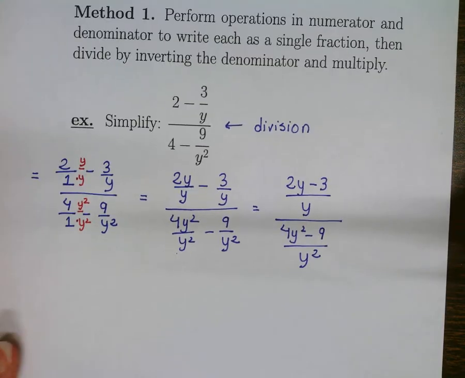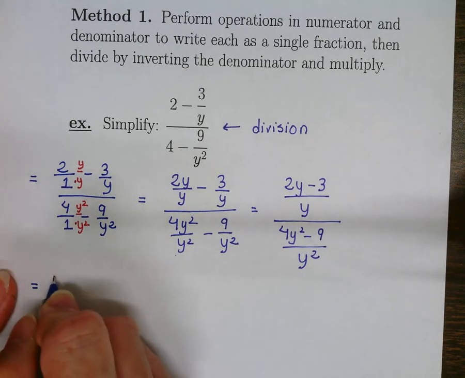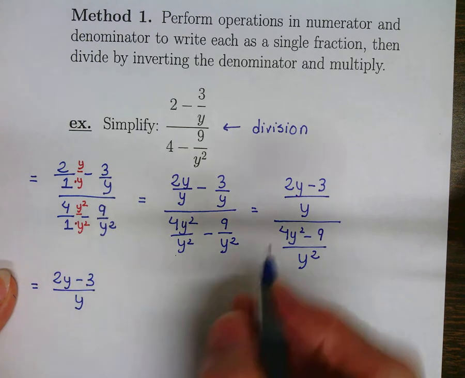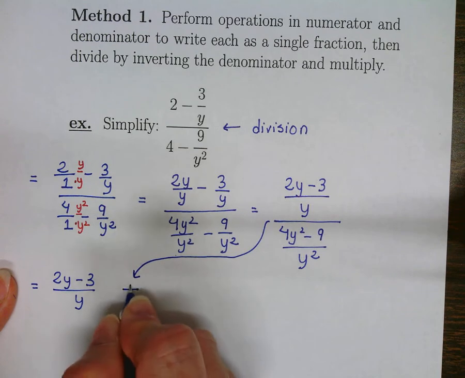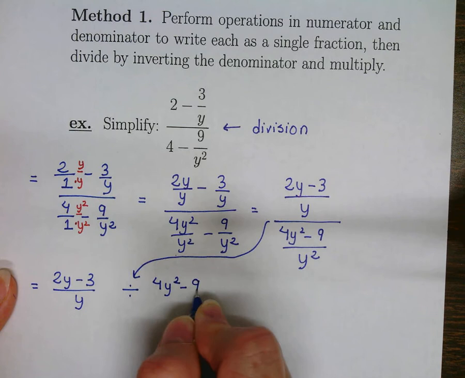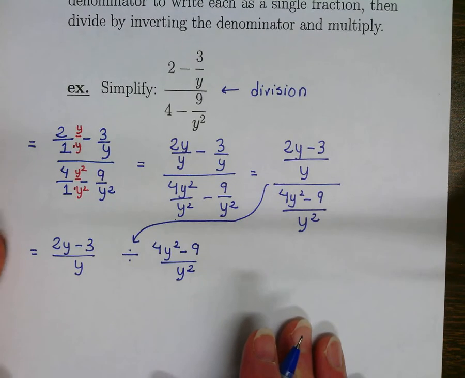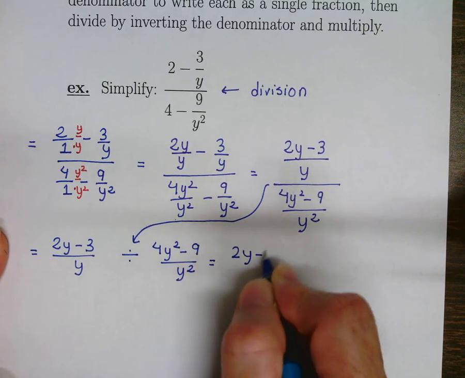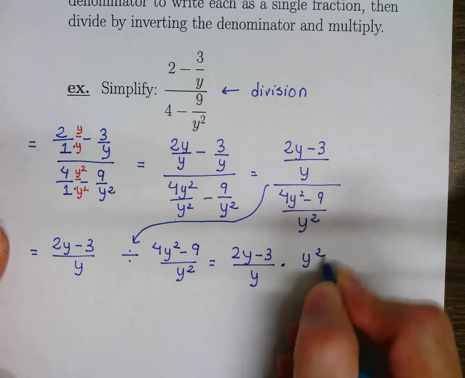And now I'm ready to actually perform the operation. So this means 2y minus 3 over y divided by, again, that fraction bar means division, 4y squared minus 9 over y squared. And of course, we know that we accomplish that division by multiplying by the reciprocal.